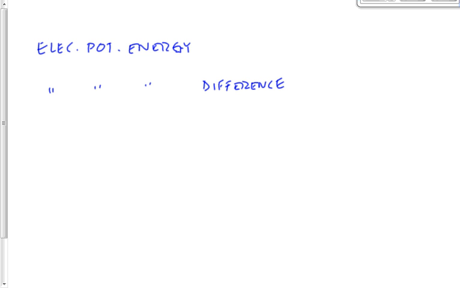We talked about electric potential. We talked about electric potential difference. We also talked about this other concept called work, which I'm not going to put up on the board here right now, and you'll see why in just a second.